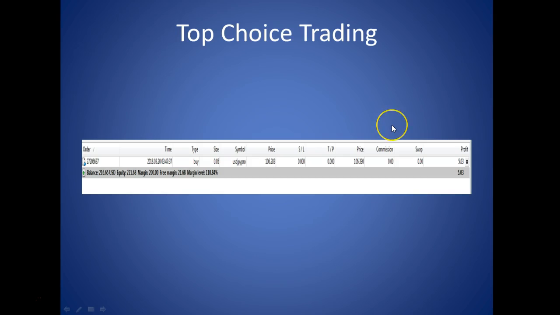So the broker can close it before your stop loss if your equity gets below your margin. So if this balance gets below $200 as equity, this trade is going to close.